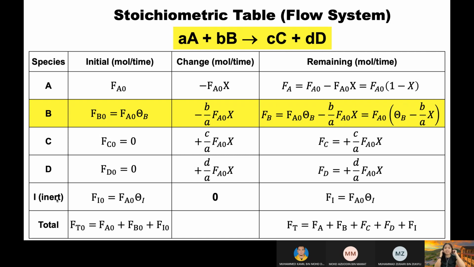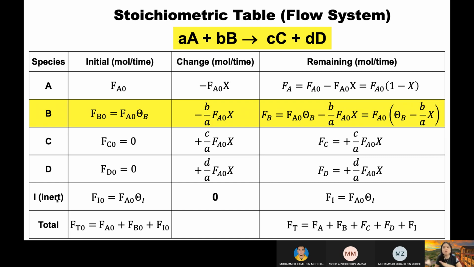Okay, then next. The calculation of mass in this reactor sense is in terms of mole. It's not in terms of weight, but in terms of number of moles. But not only number of moles, we talk about molar flow rate. So why can't we calculate in number of moles? Because it is a continuous system.